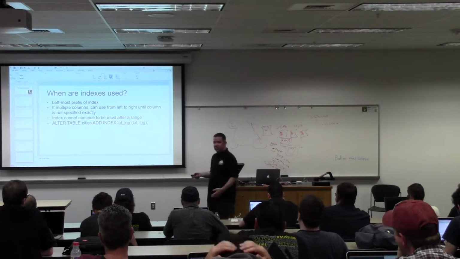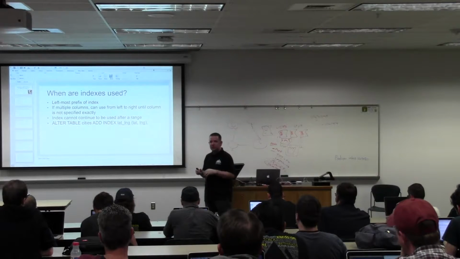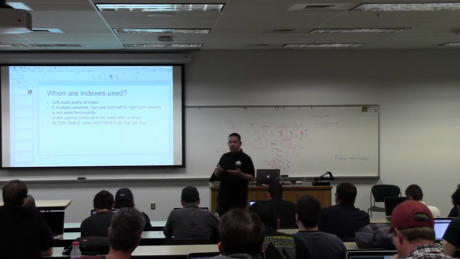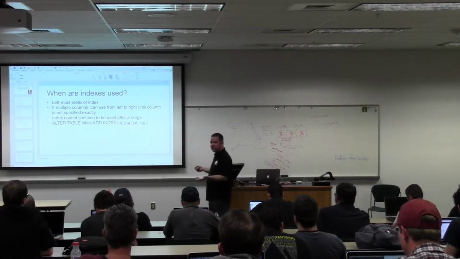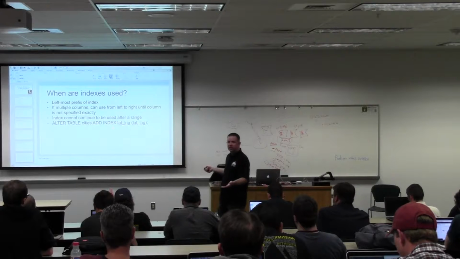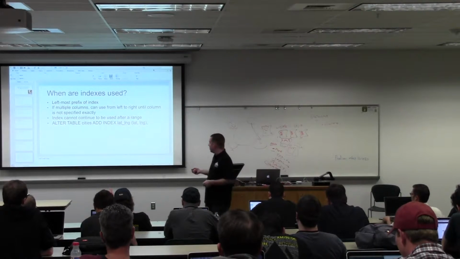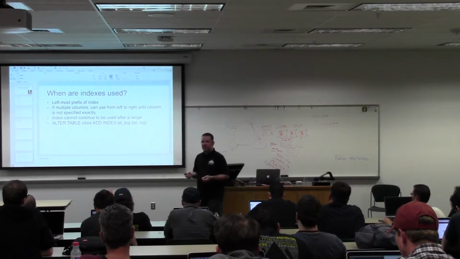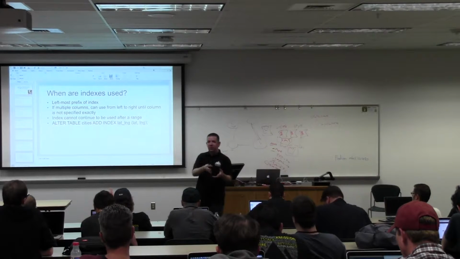Well, you're giving a range for the latitude and a range for the longitude, to box in the map that you're displaying. So you're always going to have a range for the latitude. You're never specifying the exact latitude. If you knew the exact latitude, you'd probably know the ID for the point you were looking at. So in this case, that index is not very helpful because it can't go from the first part to the second part.